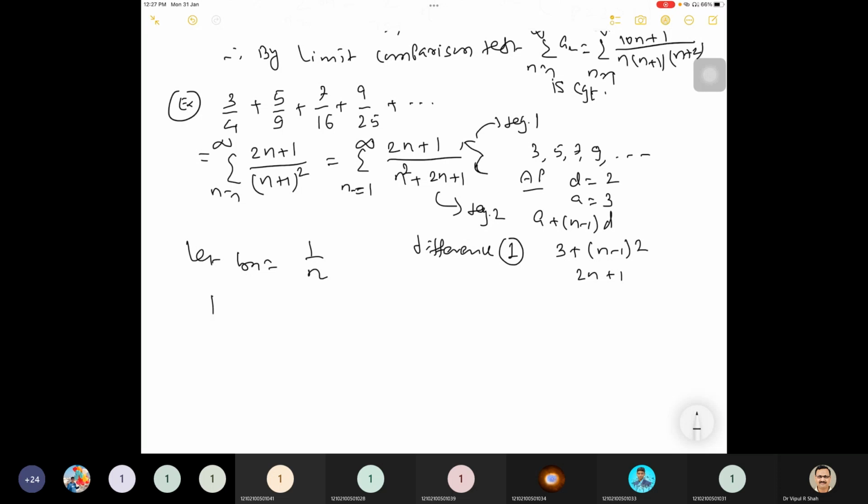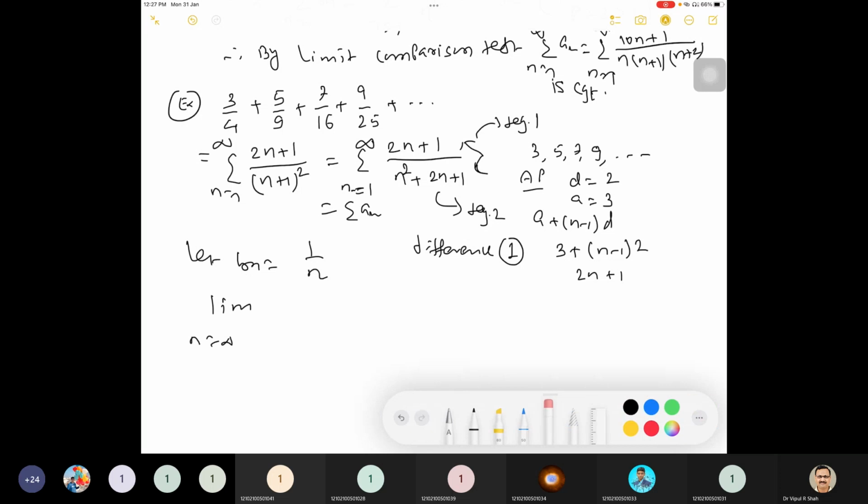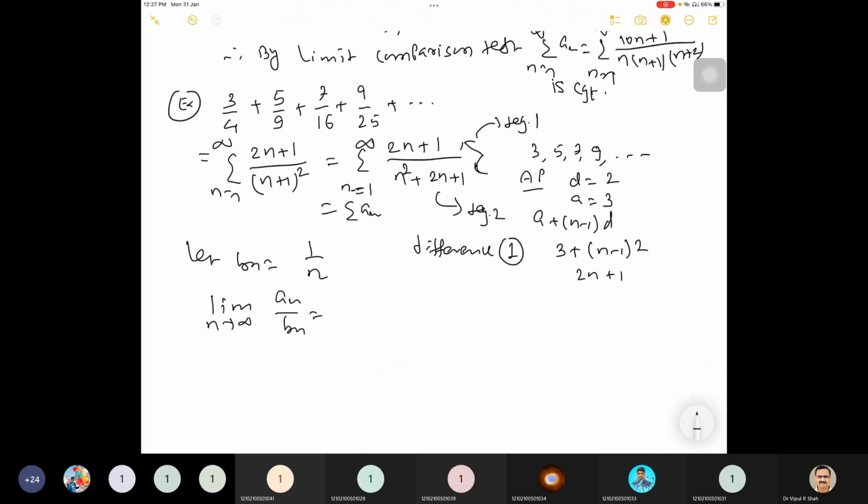Now limit n tends to infinity. This is series An. So limit n tends to infinity, An upon Bn. So limit n tends to infinity, 2n plus 1 upon n square plus 2n plus 1, and divided by Bn, 1 upon n, so it will be n.